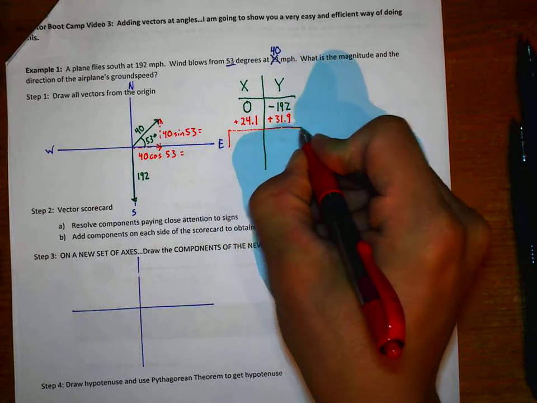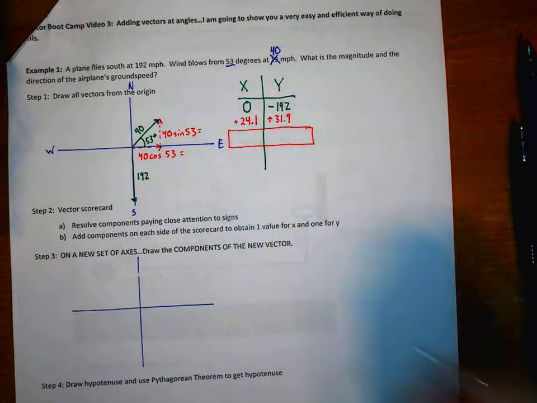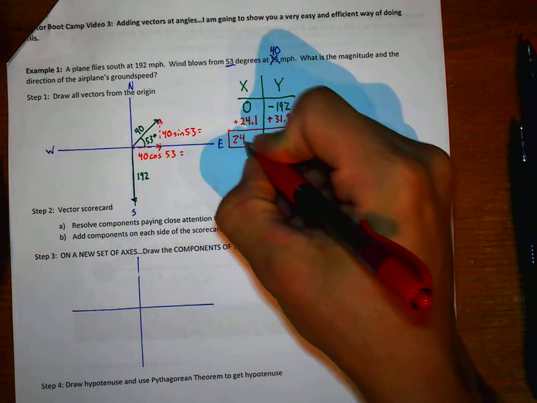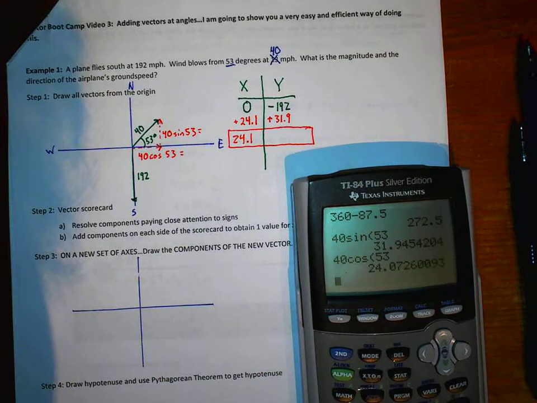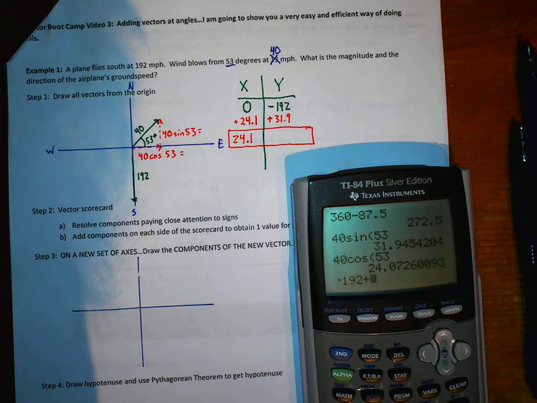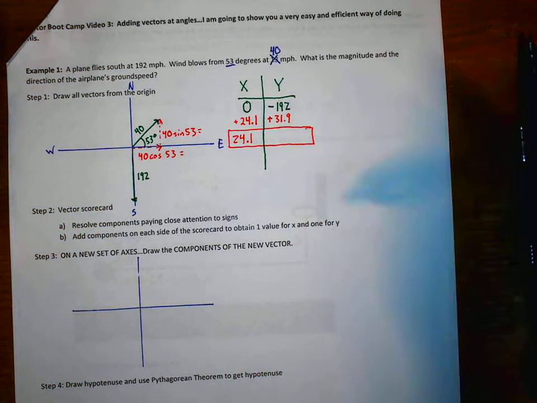So I'm going to put a box down here just so I know that this is my total. So X is 24.1 and Y is negative 192 plus 31.9, and we get negative 160.1.